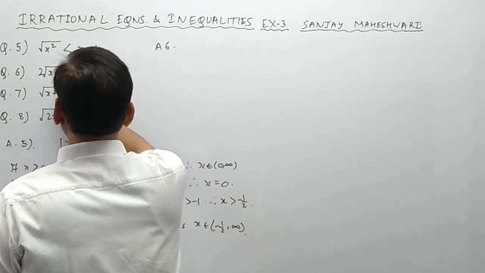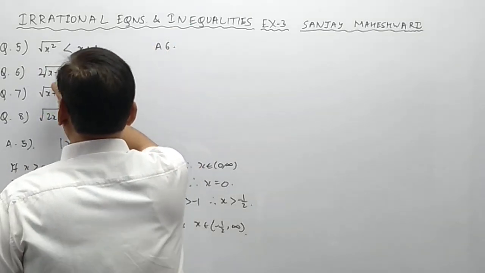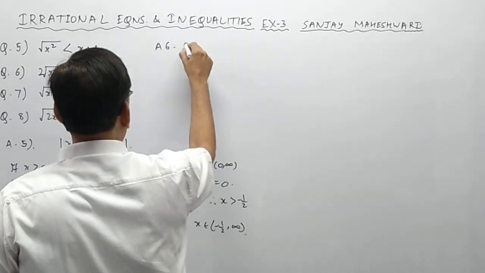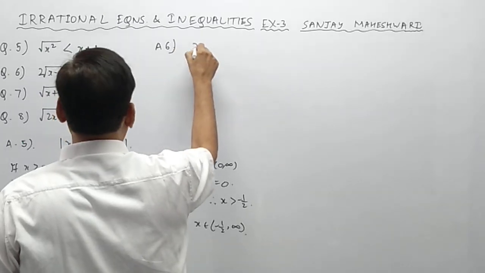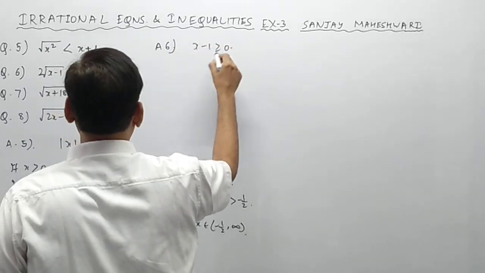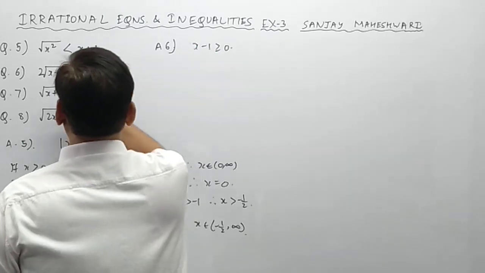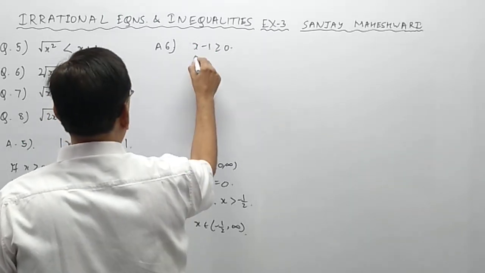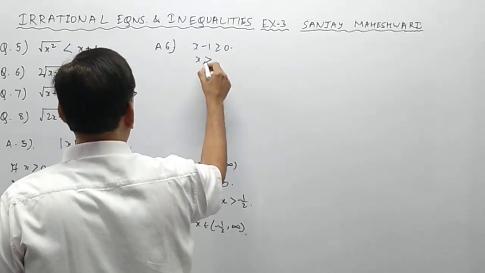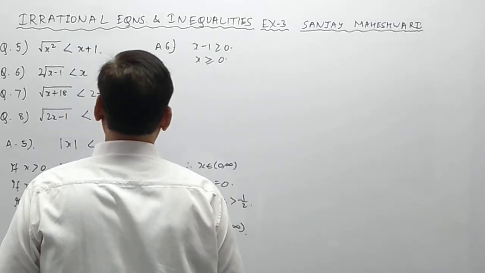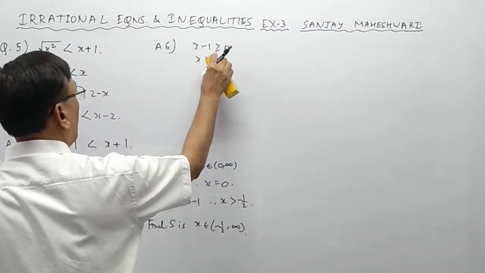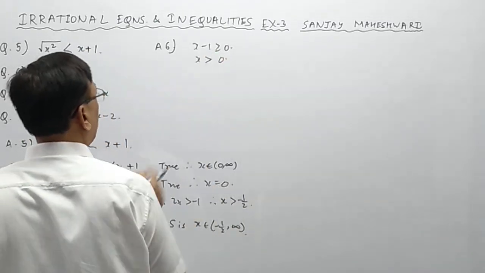What we can see here is both sides are positive and expression under even root x minus 1 greater than equal to 0, and right hand side, this side is positive, so this side should be positive, either positive or 0. So okay, no, it will not be 0, greater than 0.